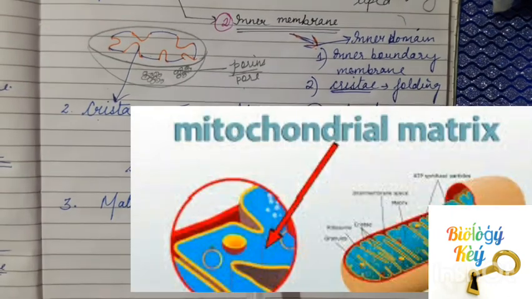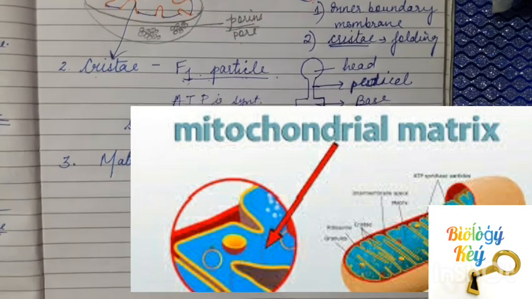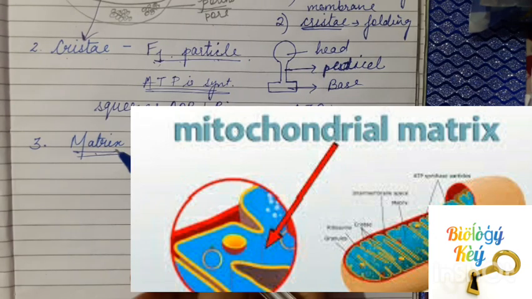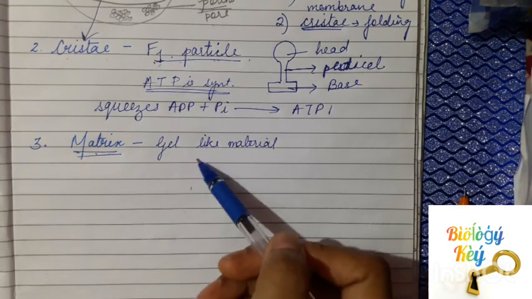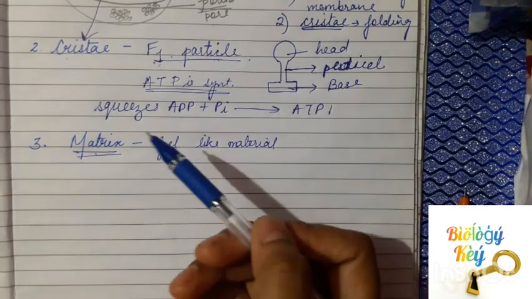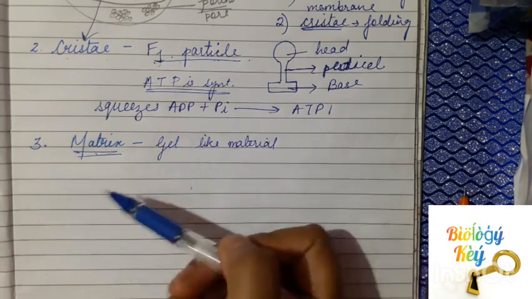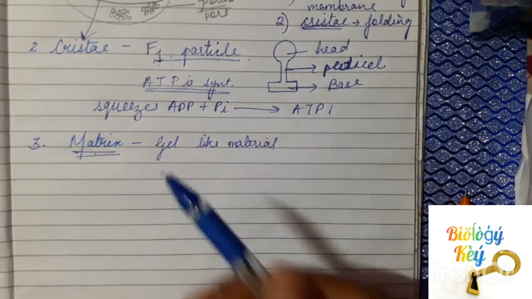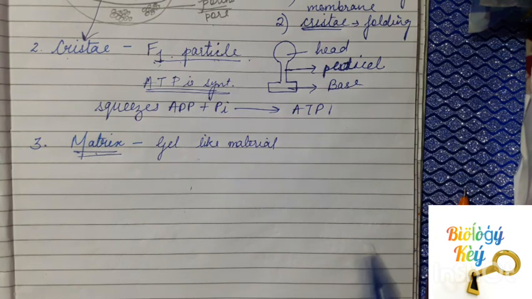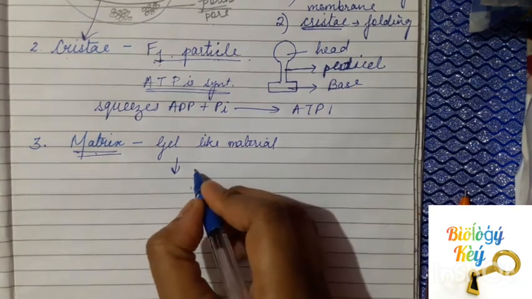The next one is the matrix. It is a gel-like material called the matrix, and it is highly viscous. It is more viscous than the cytoplasm. Why is it more viscous than cytoplasm? Because the matrix consists of a smaller amount of water.